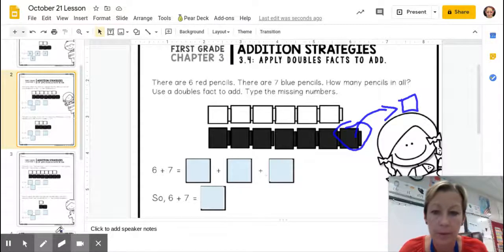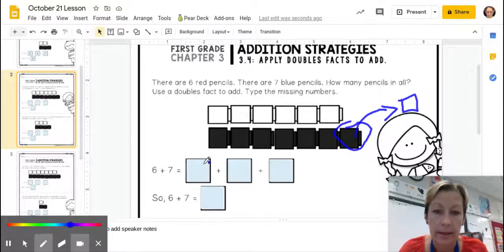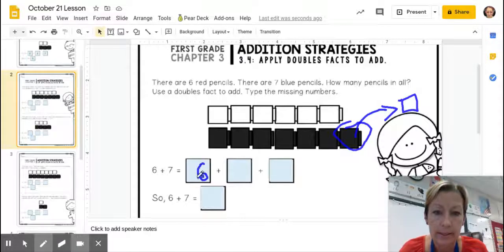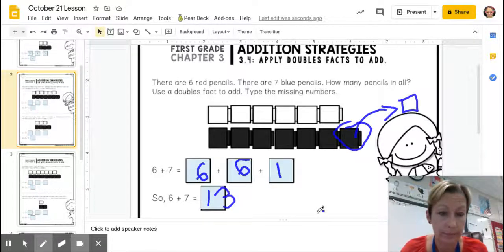Now you have 6 plus 6, but we cannot forget it. I know we put it to the side, but we don't want to forget it. Plus 1 more. What is 6 plus 6? 12. 1 more makes 13. All right? Double the first number and then add 1 more.